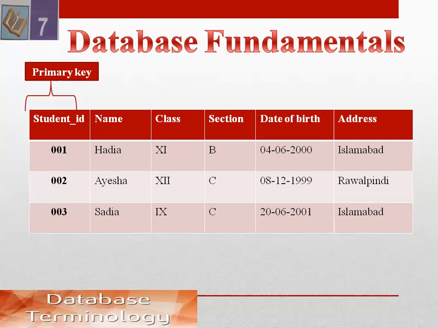It cannot be null and it cannot be repeated. It should be a unique number, and the primary key is used to identify a complete record. It can remove duplication, and you can access and retrieve your data quickly with the help of the primary key.